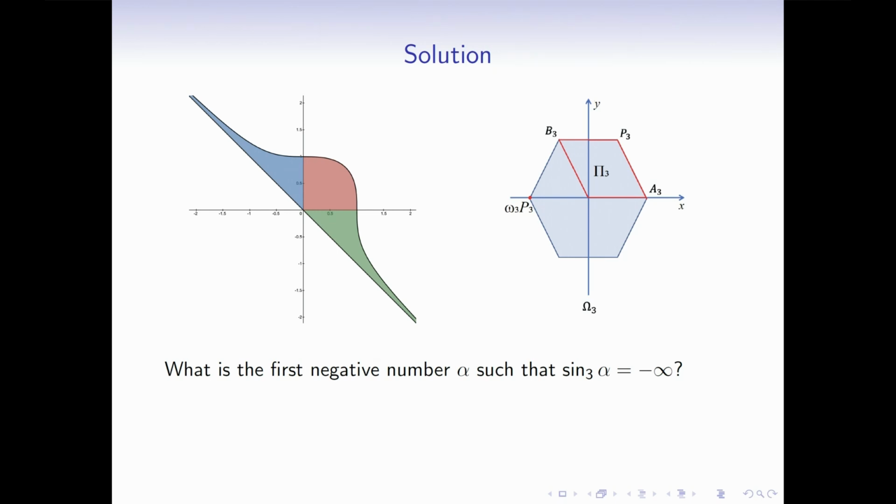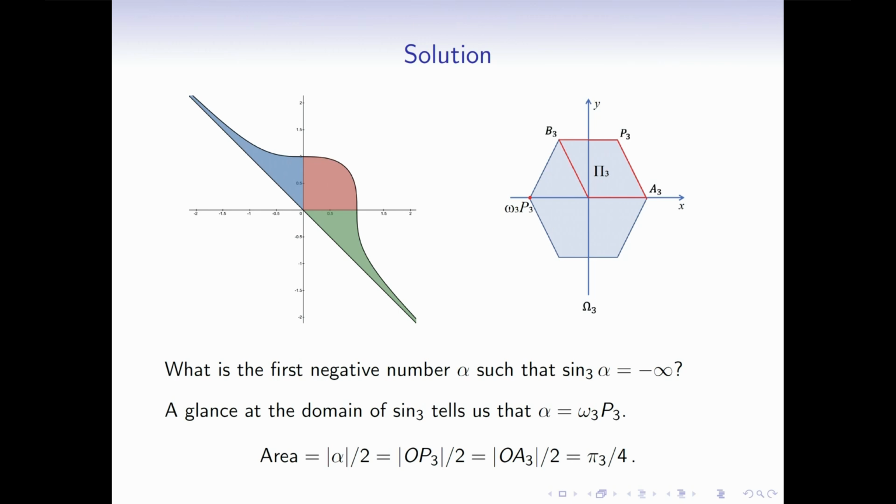Because as you go all the way down to negative infinity, what is sine x? It's just the y coordinate of that point, right? At negative infinity, what is that value? Well, a glance at the domain of the sine 3 tells that the value is equal to omega 3 p3. So therefore, what is the area?